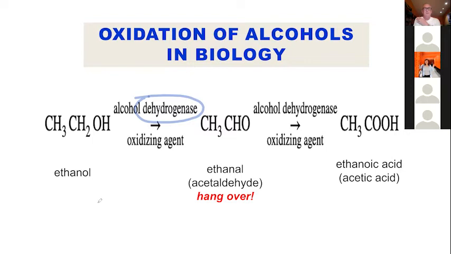Dehydrates you. It dehydrates, it removes hydrogens. And so it pulls off hydrogens from molecules and creates water, right? It dehydrates. So it pulls off this hydrogen from ethanol and gives you that double bond.